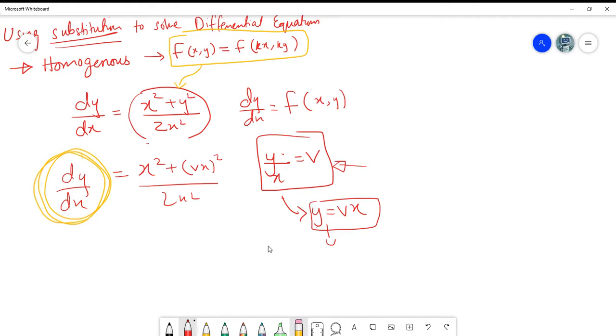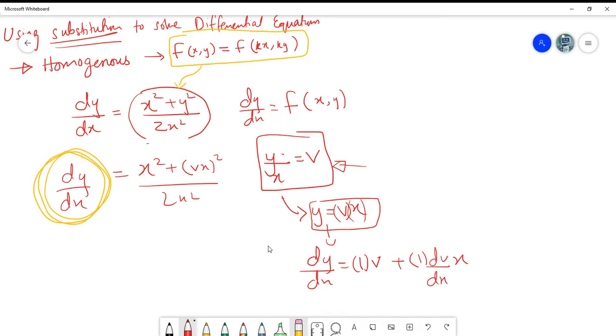So if I differentiate this, I'll be left with dy by dx. And please note, v and x are two separate variables, so I'll have to use the product rule here. The differentiation of x is 1 and v will remain as it is, plus now I'll differentiate v. So the differentiation of v is 1, but I'll write dv by dx here because it's not the original variable that we were differentiating, times x.